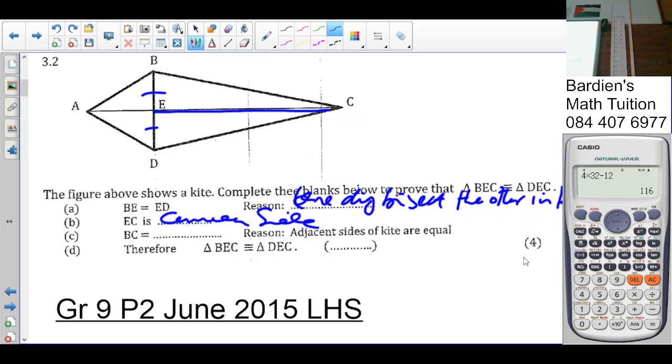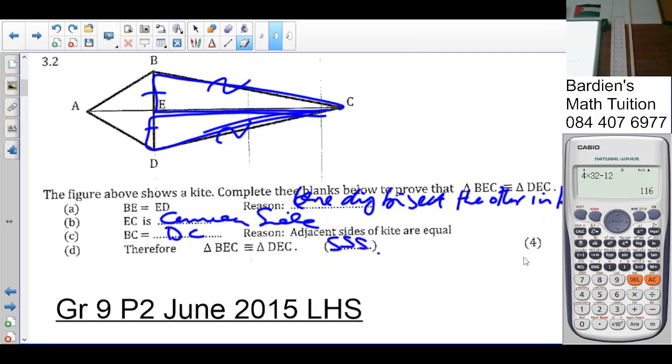BC is equal to DC, adjacent sides of a kite are equal. Therefore, we use 3 sides, no? Therefore, triangle DEC is congruent to triangle BEC. Why? Side, side, side. We use 3 sides to prove these two triangles are congruent, which means all the angles and all the sides are also equal now.